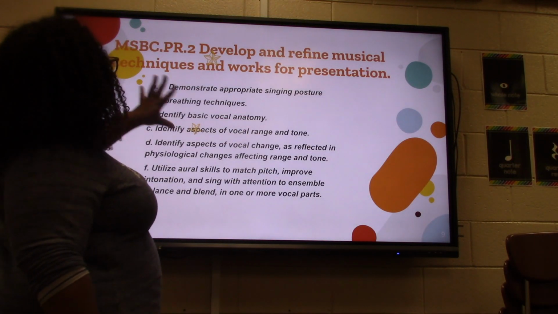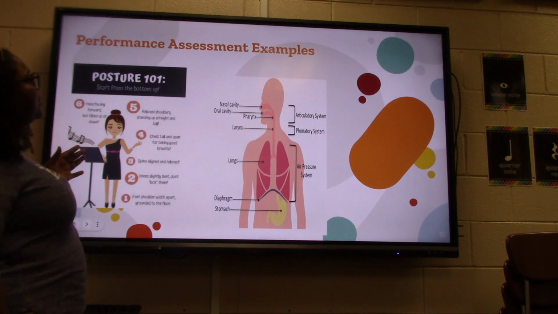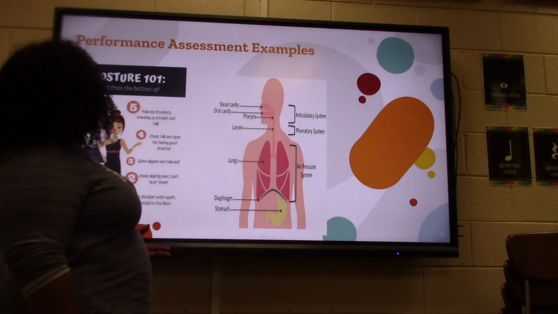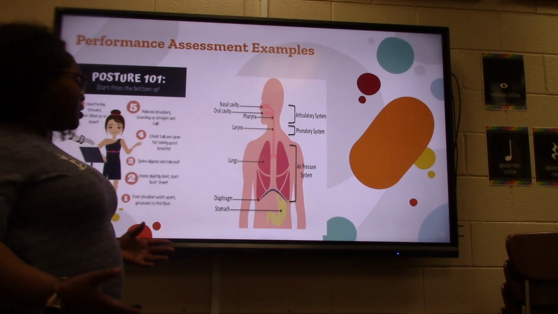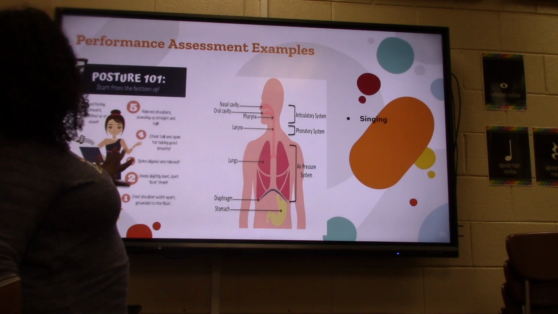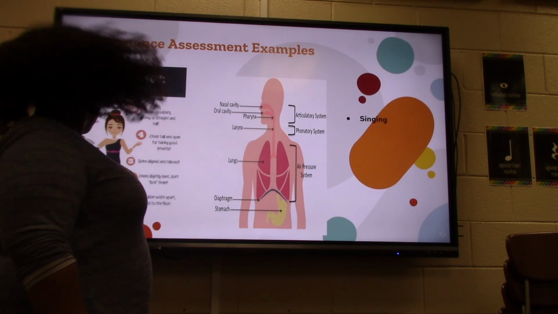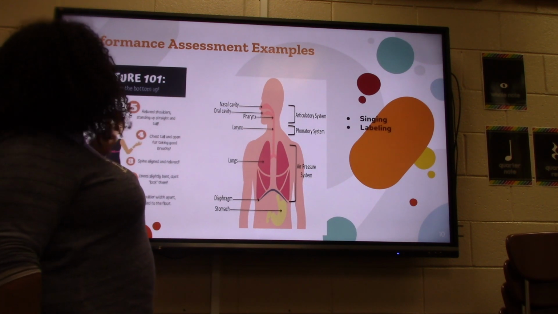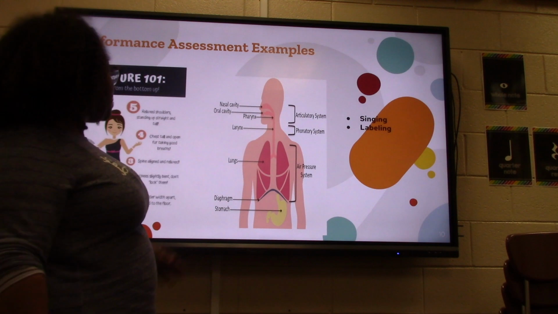Once again, we're looking at these standards. These are some performance assessment examples. You can show your students a picture and have them decide to demonstrate those couple of things. You can decide that you want them to sing about posture if they're your beginners. You can have them label certain parts of posture or vocal anatomy.